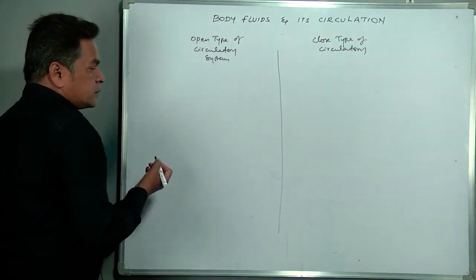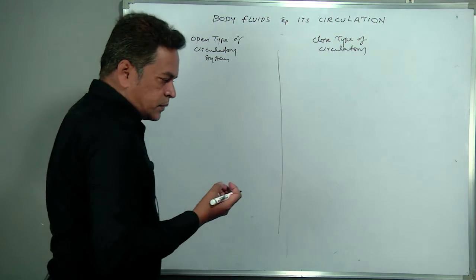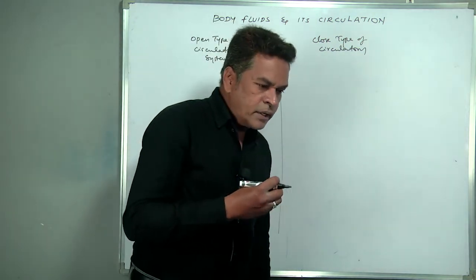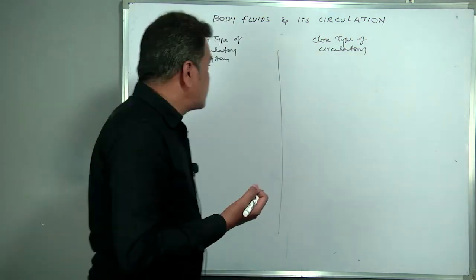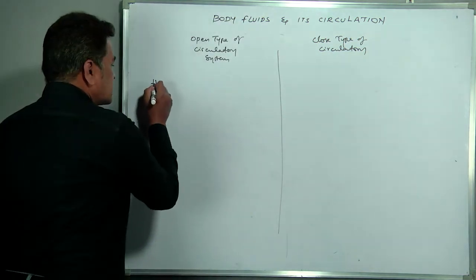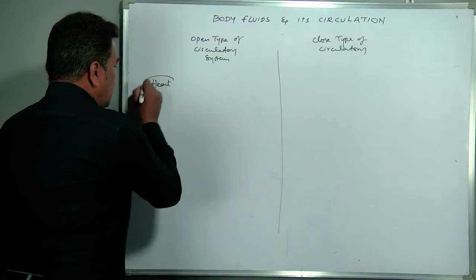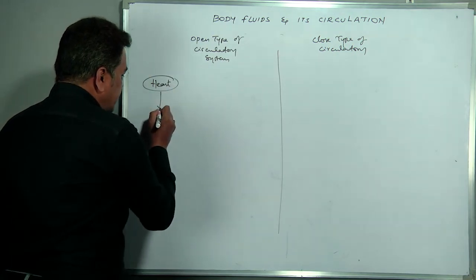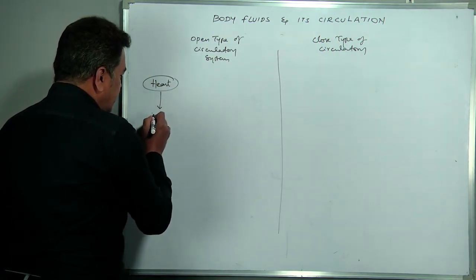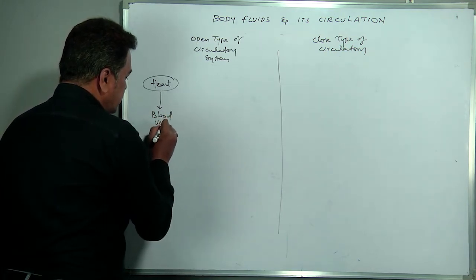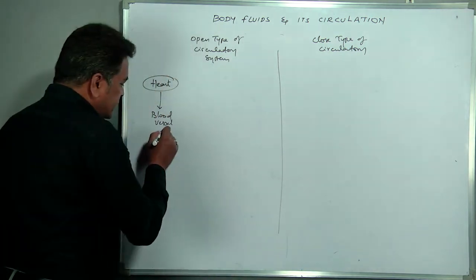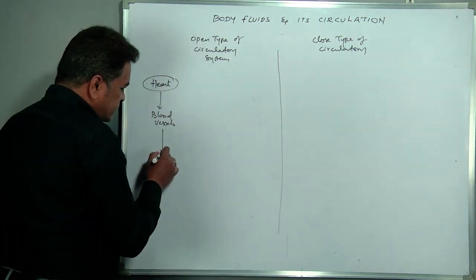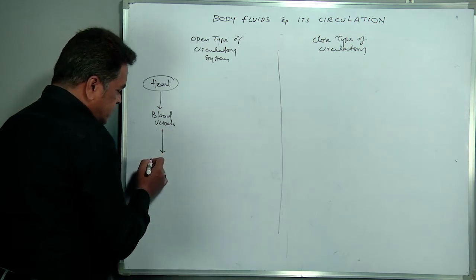We know that for the circulatory system, the circulatory fluid has to be pumped by an important organ called the heart. This heart will pump the blood through the blood vessels.